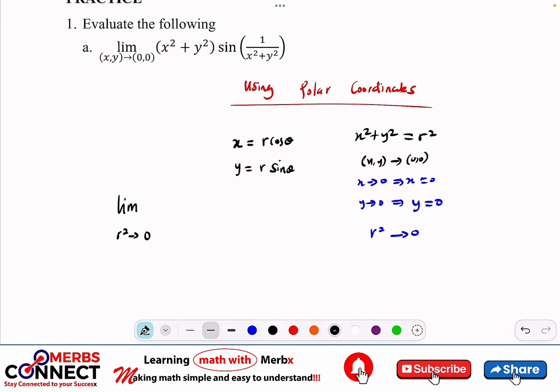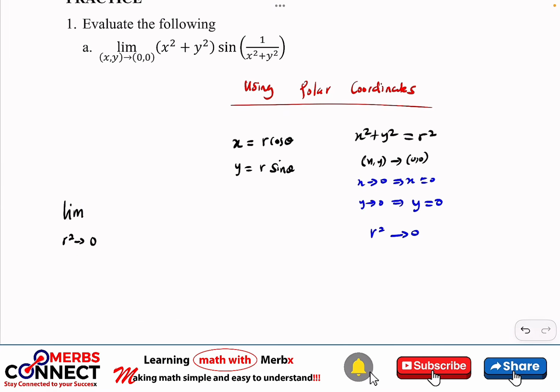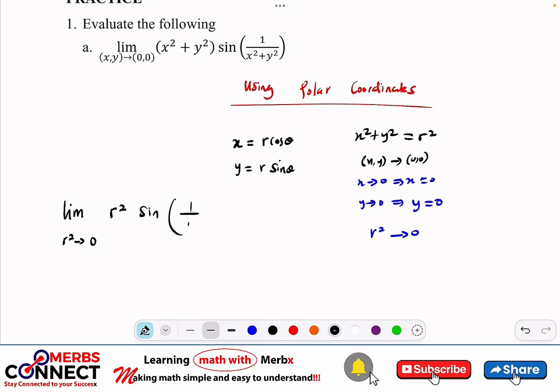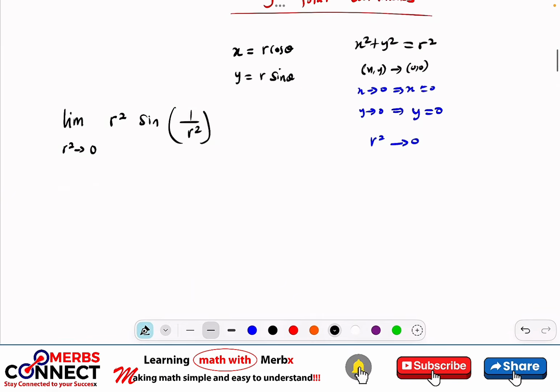And then x squared plus y squared is equal to r squared. So we are going to have r squared sine of 1 divided by r squared. So this is very beautiful. It helps us to reduce the function from two variables to just one variable.